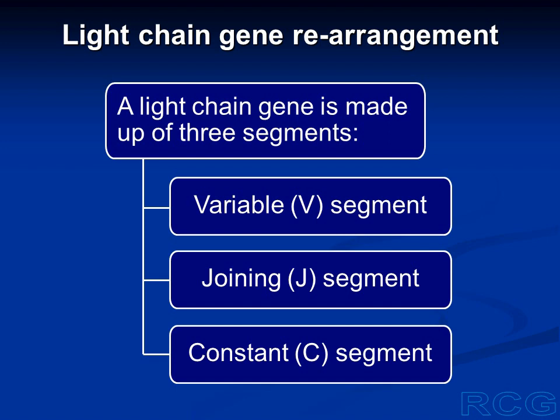These segments are known as the variable segment or V segment, the joining segment or J segment, and the constant segment or C segment. So a complete gene will be formed when a variable segment, a joining segment, and a constant segment come together.